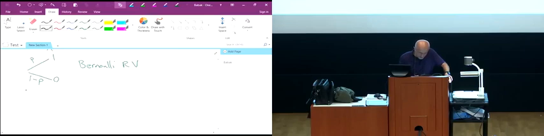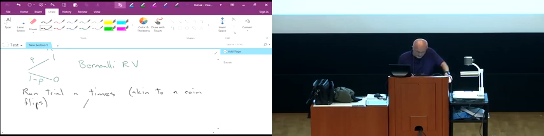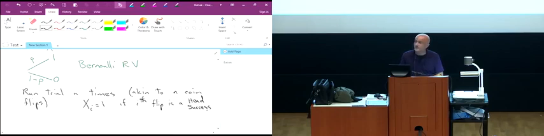Let's write this down. Run the trial n times, akin to n coin flips. On the ith trial, I represent the value as xi. So xi will be 1 if the ith flip is a head, a success, whatever it is you're measuring.